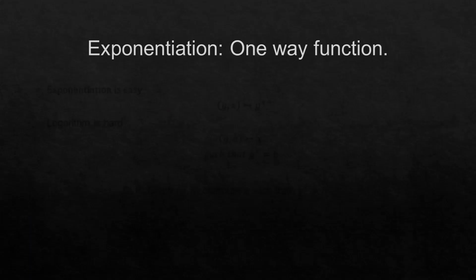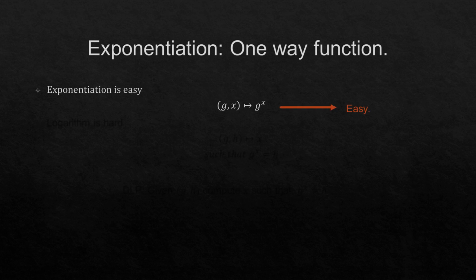So why do we care about exponentiation? Exponentiation turns out to be a one-way function. And what do I mean by a one-way function? It means that exponentiation is easy. In terms of computing, it's an easy task. If you get a group element g and an integer x, raising g to the power of x is an easy task. Very, very efficient. However, the inverse operation is very difficult. You get two group elements, and you want to find an integer x such that g to the power of x is equal to h.